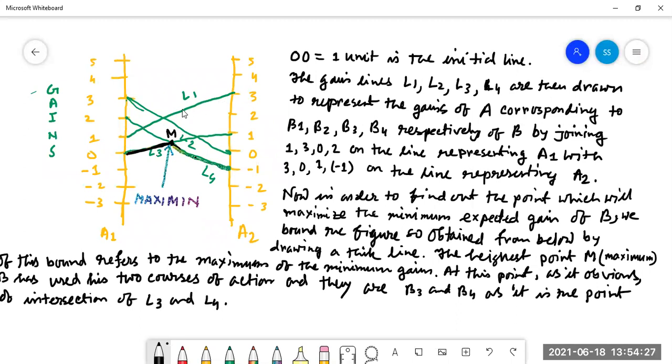One, three is plotted here, that is L1. Then L2 means 0, 3. Then L3 means 0, 1, and L4 means 2, minus 1. The line cutting L3 and L4 at this point, which is the peak point, is called the maximin. Look at here.